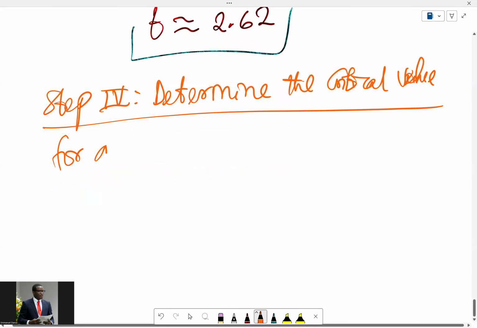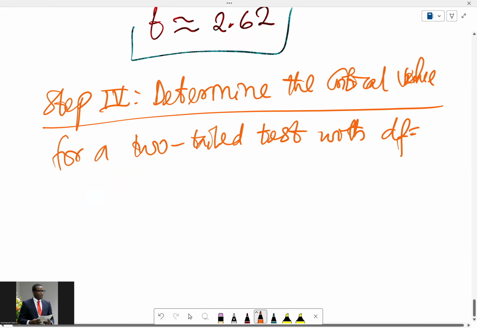So determine the critical value for a two-tailed test with degree of freedom 9, 10 minus 1 is 9, at alpha equals 0.04.